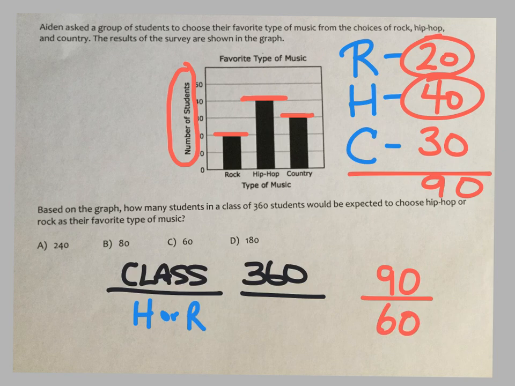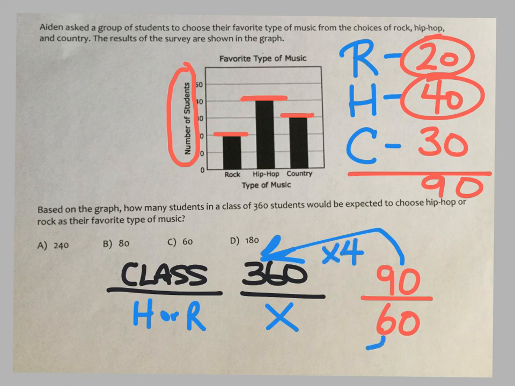So the question now is, how many students in a larger class of 360 students would be expected to vote for hip-hop or rock? And now this is just a proportion solving strategy you need to use. I can go from 90 to 360 by multiplying by 4.